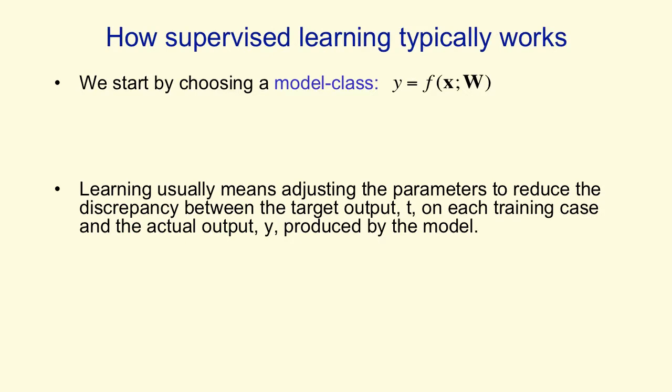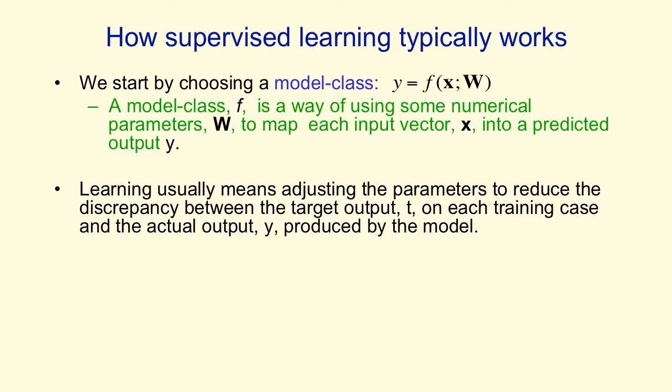Supervised learning works by initially selecting a model class, that is, a whole set of models that we're prepared to consider as candidates. You can think of a model class as a function that takes an input vector and some parameters and gives you an output y.